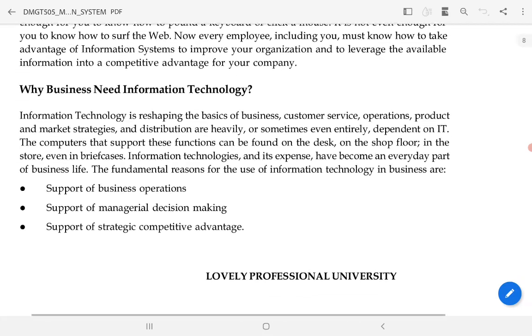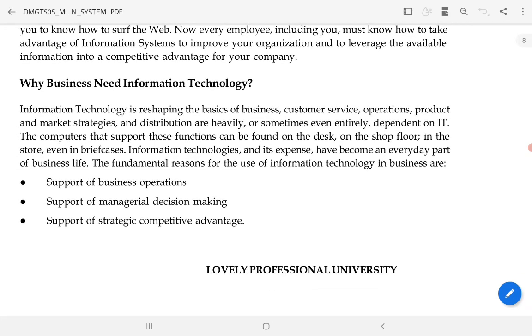Why does business need information technology? For support of business operations, to support any level, from top level managers to lower level management.